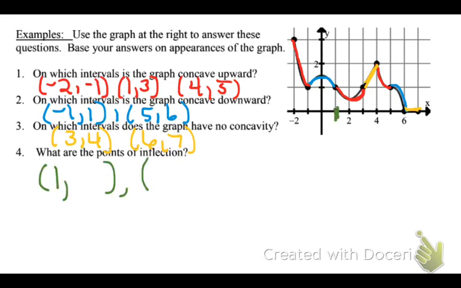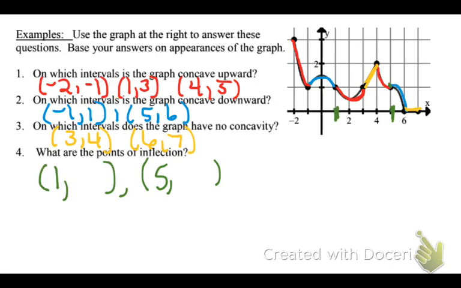And that's a point, so we need a y coordinate to correspond to that x, and we'll get that in just a second. And we also have that gradual change in concavity happening at 5. So we have points of inflection at x equals 1 and x equals 5.